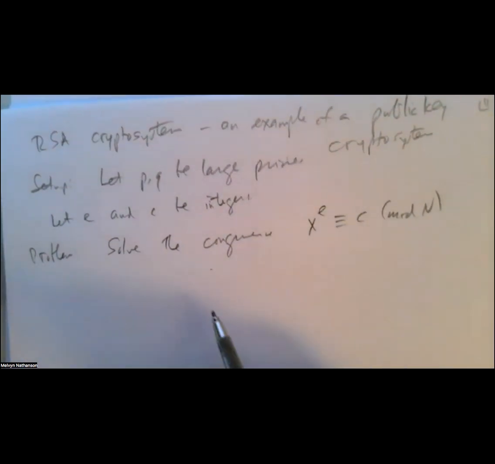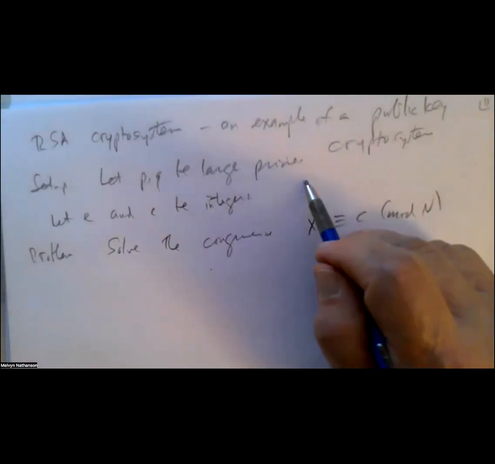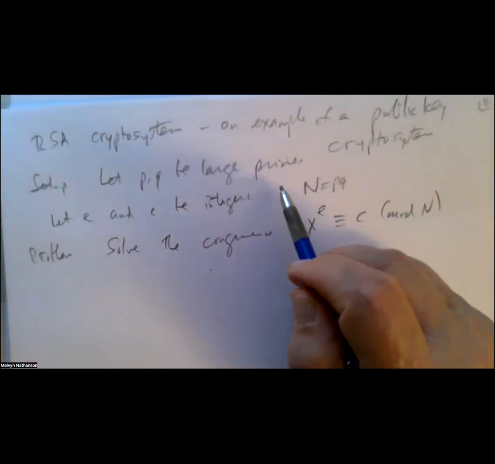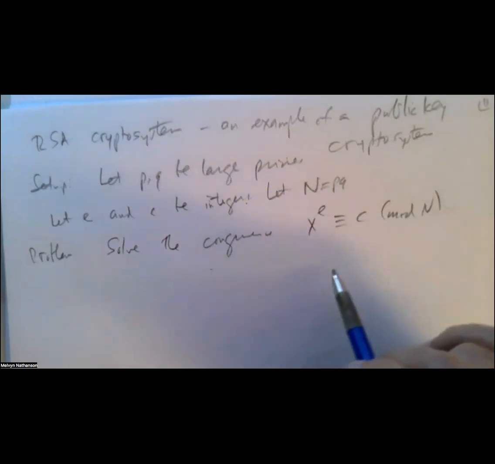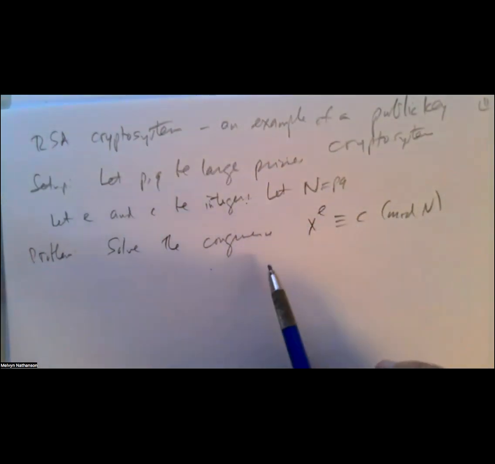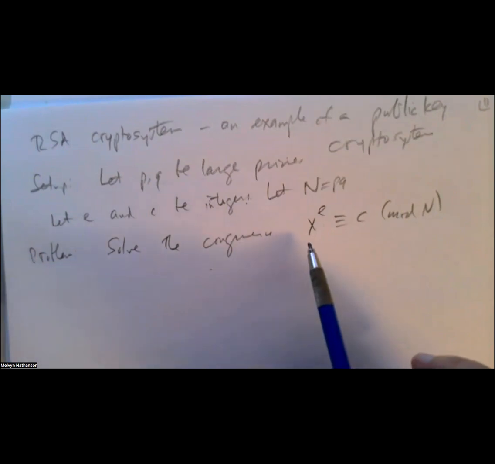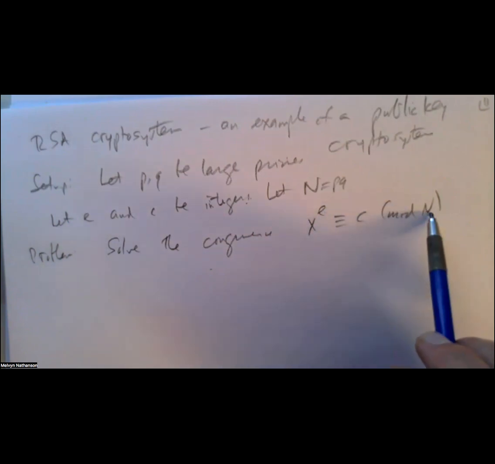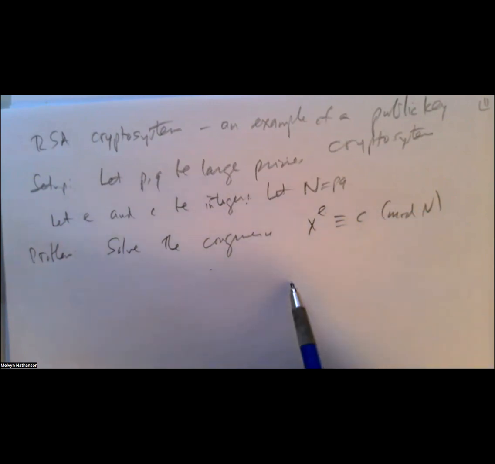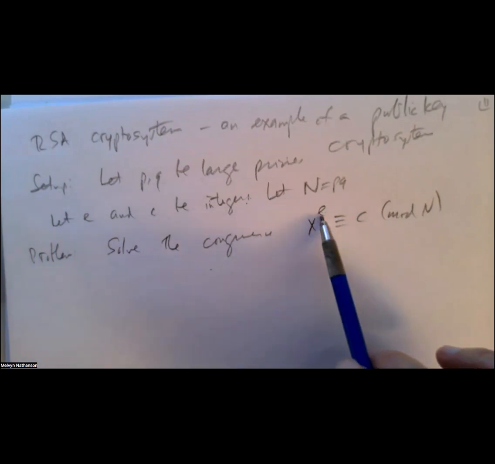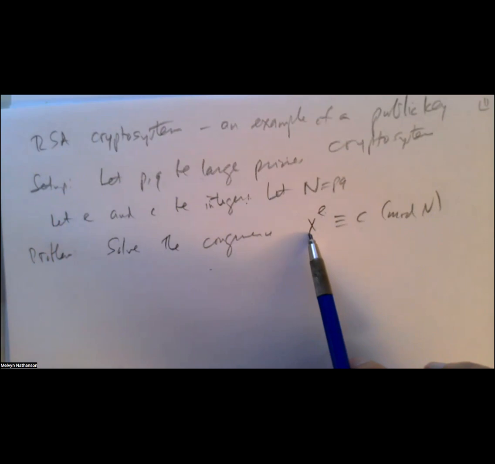In this crypto system, you tell the world n, which is P times Q. You tell the world E. You have a message x, raise x to the power E and reduce it mod n, and that's C. So if you know E, C, and n, find x. You have to solve this congruence for x.